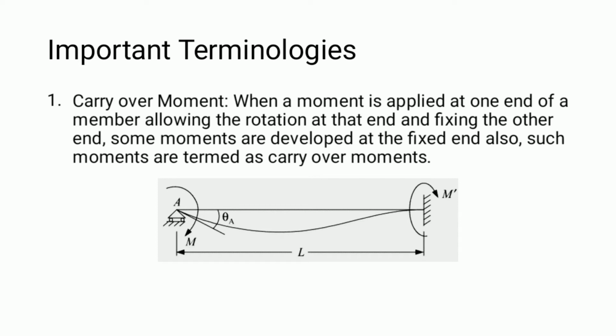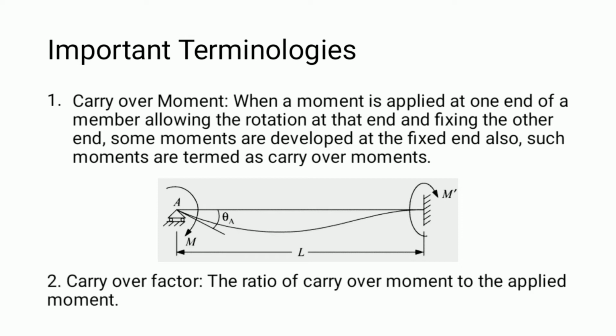That moment is called the carryover moment. Here in the sketch, M represents the applied moment, theta A represents the rotation at the non-fixed end, and M dash represents the moment apart from the applied moment, that is called the carryover moment.